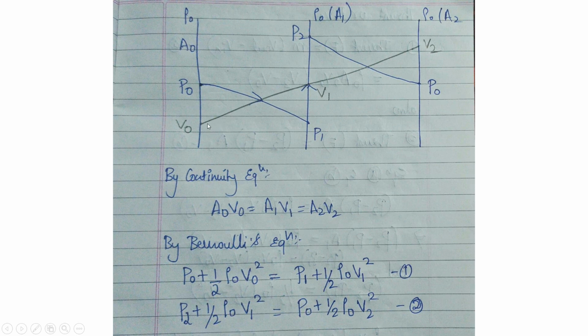Velocity increases from V0 to V1 at the disc and V2 at the exit.